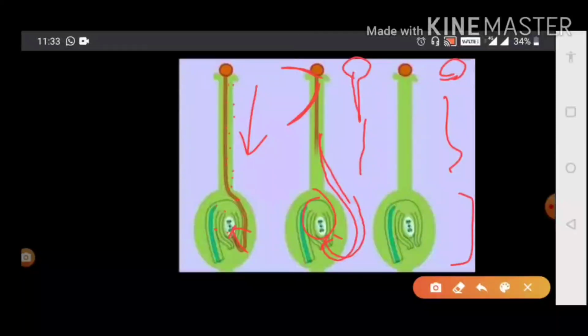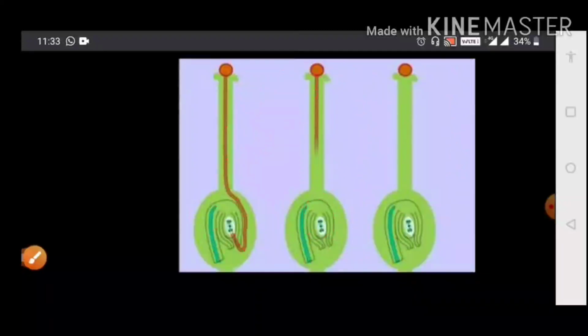The root shows negative chemotropism. So we have understood two types of tropic movement, hydrotropism and chemotropism. Altogether we have studied five types of tropic movement, that means five types of directional movement of plant body parts in response towards or against some kind of stimuli.